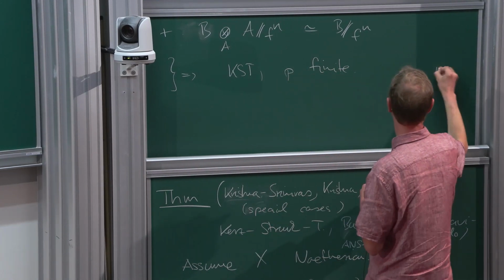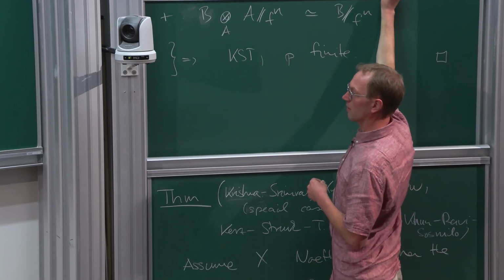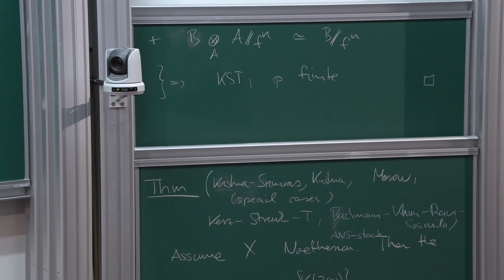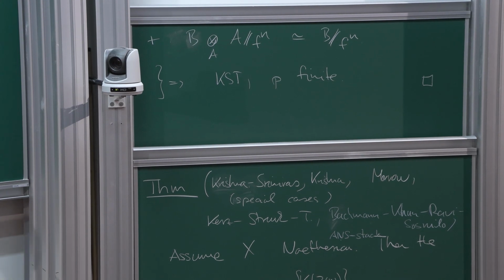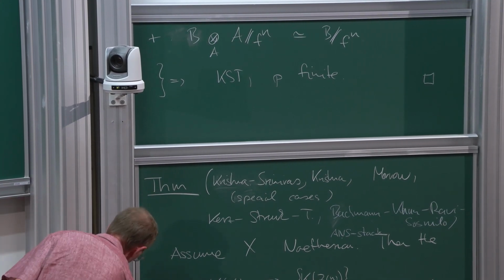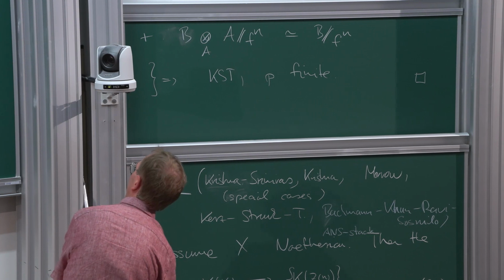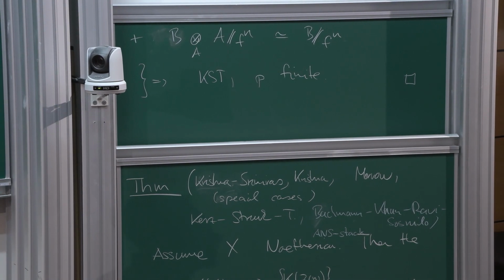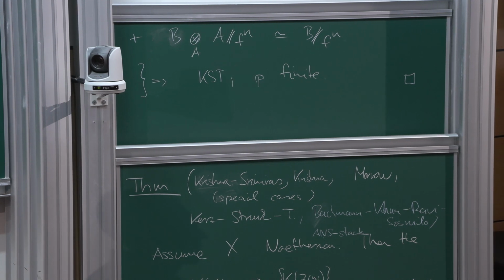Okay. Good. Now, five minutes left. So here the possibility of truncation appears. You have to know that for a fixed range of K-groups, let's say less than or equal to n, you can replace the ring by some.